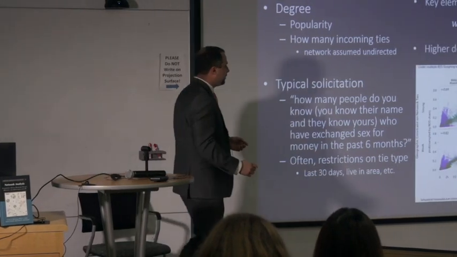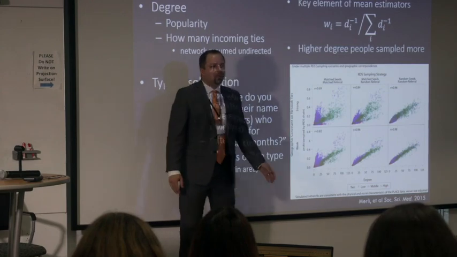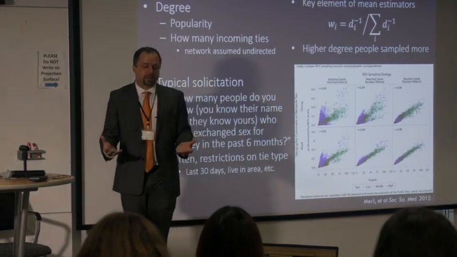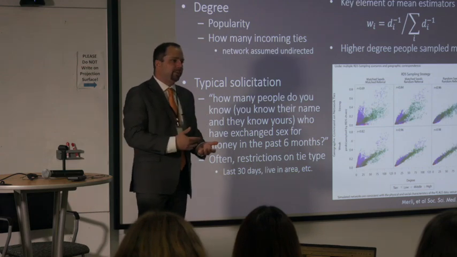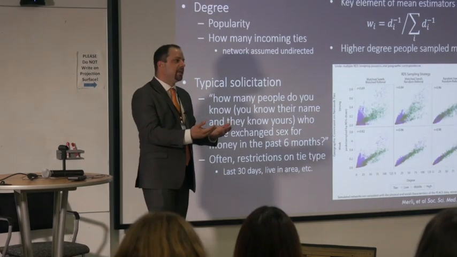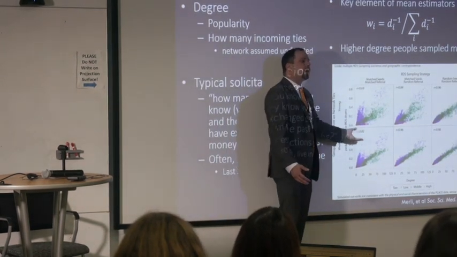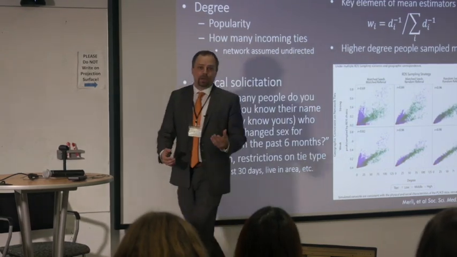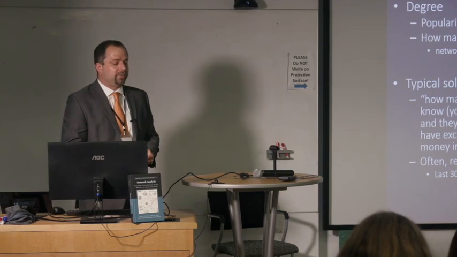We have tested this, Jim, Giovanna, and I, in different circumstances, where we took empirically observed social networks, simulated millions of RDS samples through them, and calculated how many times individuals were sampled and how well the degree-based estimate approximates that. It does pretty well, but there are some circumstances where it doesn't always work perfectly.